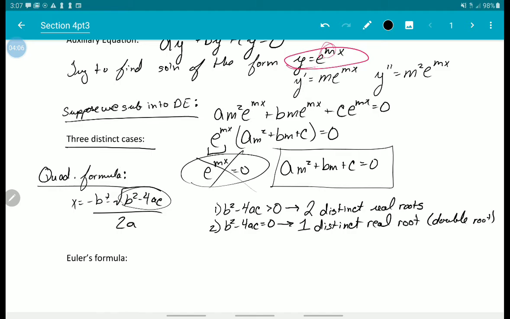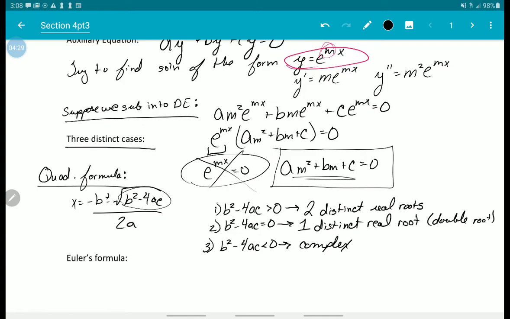So graphically, what's going on there, if you were to graph that quadratic, is the quadratic would touch the x-axis at that particular root value. It would not cross the x-axis at that particular root value. And then the third option is that the discriminant is a negative value. And in that case, we end up with complex roots.